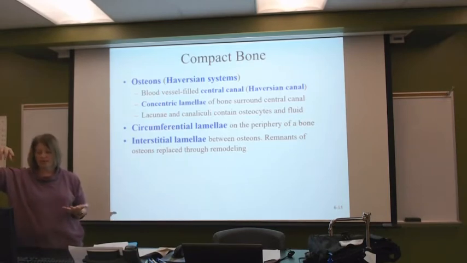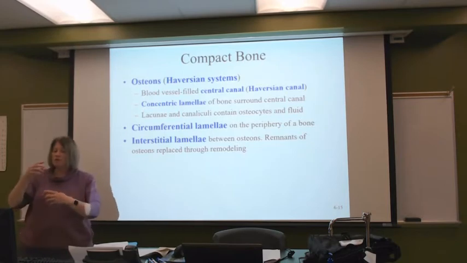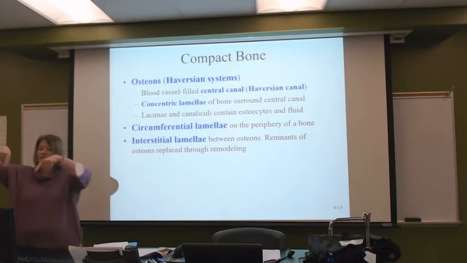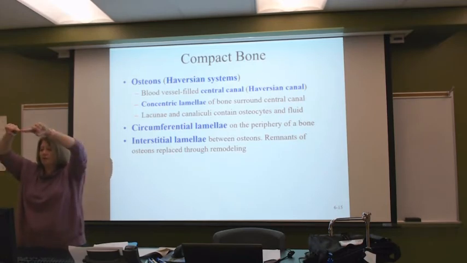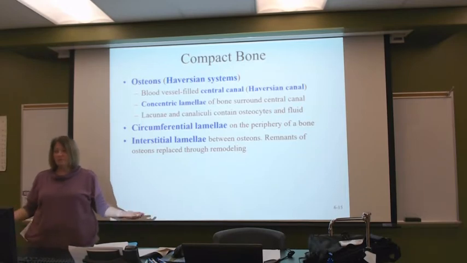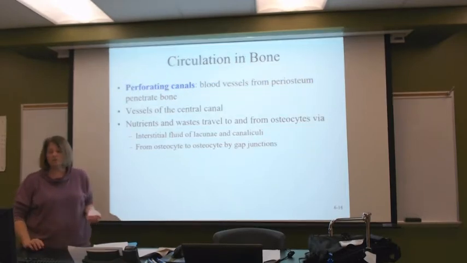So I tried to show that we've got the osteon, the layers between osteons, and the layers all the way around, and they're all alive. They're all made up of the same cells.